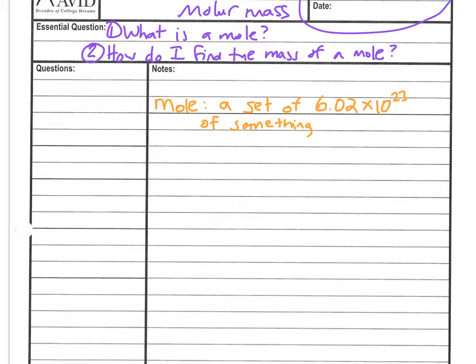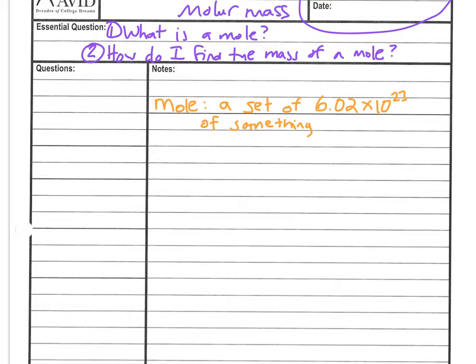If you have a dozen textbooks, you have 12 textbooks. If you have a dozen people, it would be 12 people. A mole is like a dozen in that if you have a mole of something, that's how many you have. If you have a mole of people, you have 6.02 times 10 to the 23rd people. If you have a mole of donuts, you have 6.02 times 10 to the 23rd donuts. A mole is simply a set amount of something, okay?